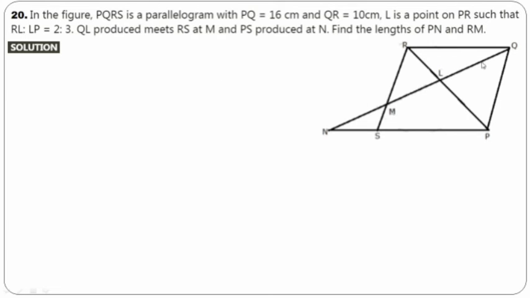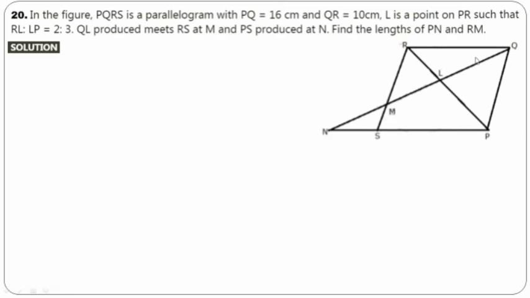Now this line QL is produced, so extend it, and meets RS. So where is RS? This is my RS. So when you extend this line, this extended line meets the RS at point M, and PS is produced.